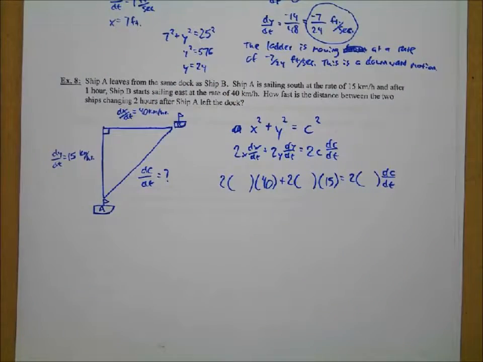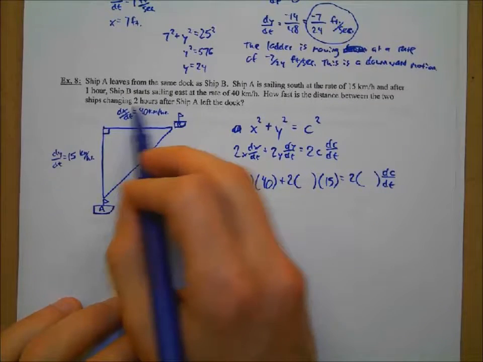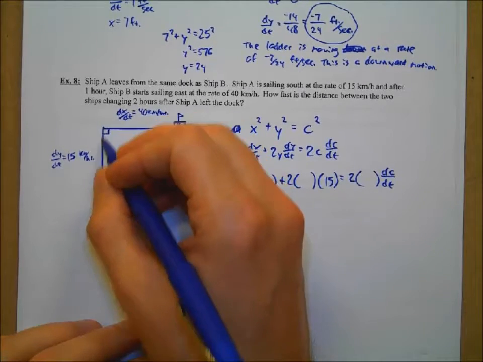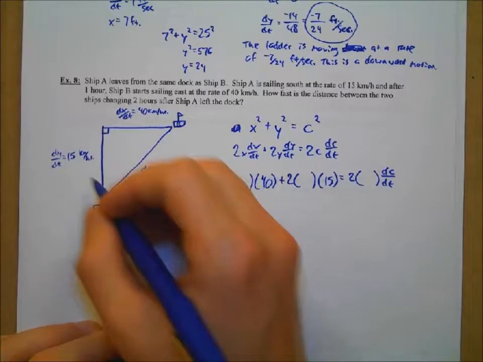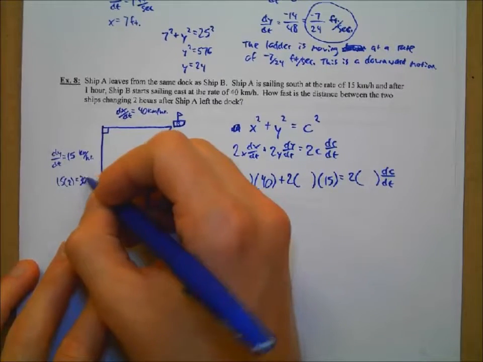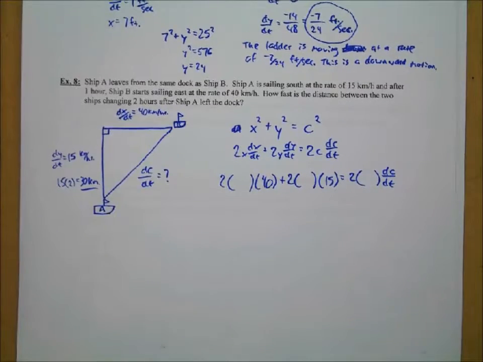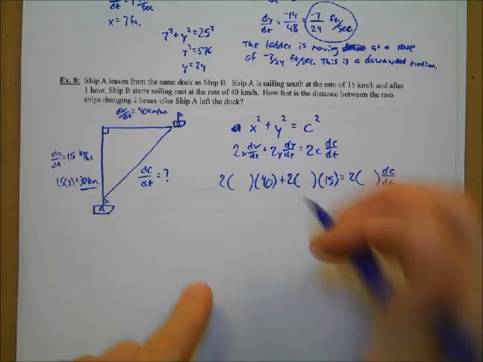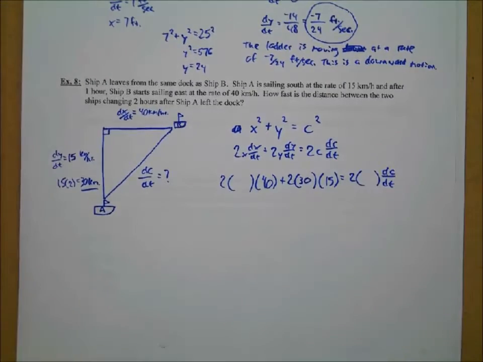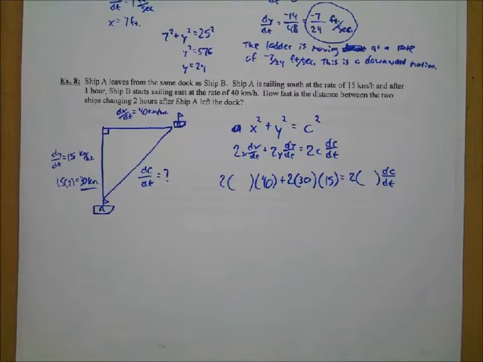How do you know? It's traveling 2 hours at 15 kilometers per hour at constant speed, so it's going to be 30 kilometers away. So our y, that's y for me. You may have called it b or whatever, or your a length. That's going to be 30, right?